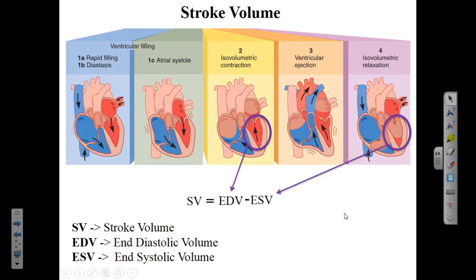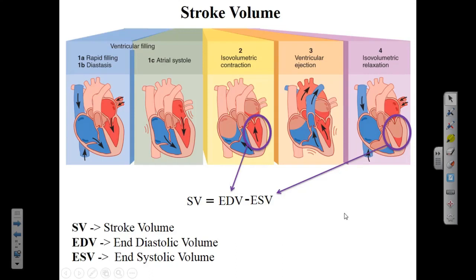Well, the total amount of blood I had in the ventricles to begin with before ejecting blood, that was at the end of what? Yeah, end of diastole for the ventricles, right? So that's called end diastolic volume. Right, so end diastolic volume. So that's the total amount of blood I have in the ventricles, right?